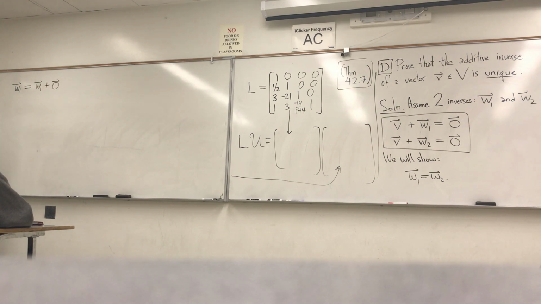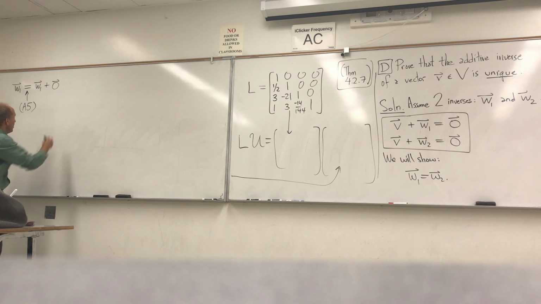For the thoroughness of my notes, I am going to tell you which axioms you're using. Again, you don't need to know that this is axiom 5. Axiom 5 is the one that basically tells you what the 0 vector is. It's the vector that when you add it to anything else, gives you that other vector back again. So this is just A5. Okay, but if you didn't write that and you just wrote 0 vector next to it, that's fine. I don't need to know what the number is.